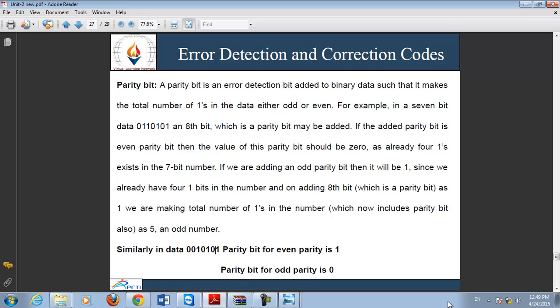But the error cannot be corrected by using the parity bit, because you may find out that there is an error in some bit, but at which bit the number was converted from 0 to 1 or 1 to 0, the user is not able to find out the position of the error.